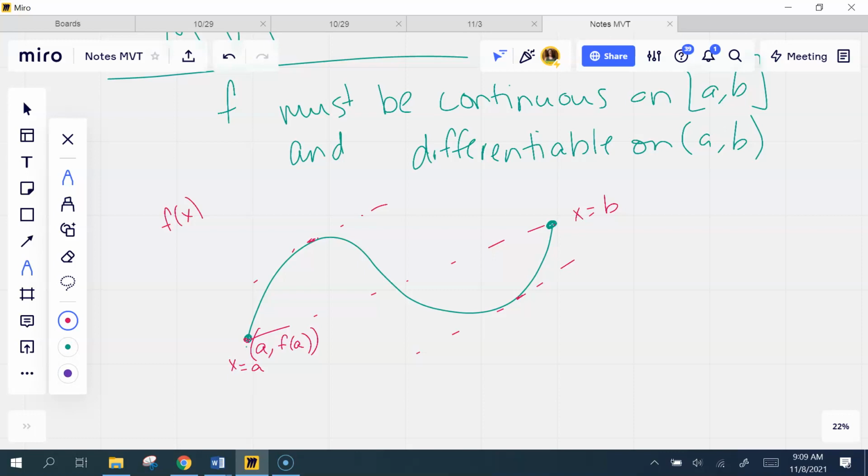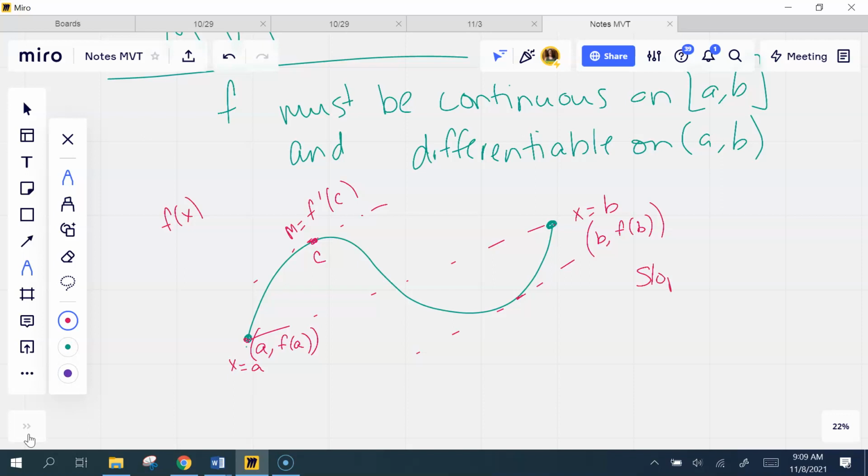And this point would be b, f of b. Now let's say this point was c. How do you find the slope? Derivative, you're exactly right. So the slope of this tan line is going to be the derivative at this point C. Do you agree? Does that make sense to you?